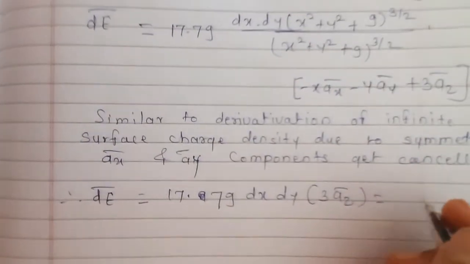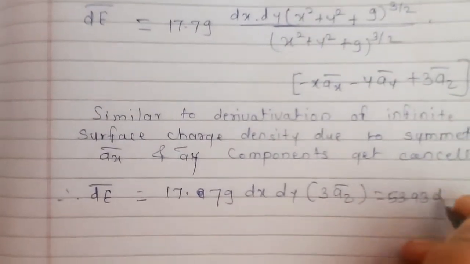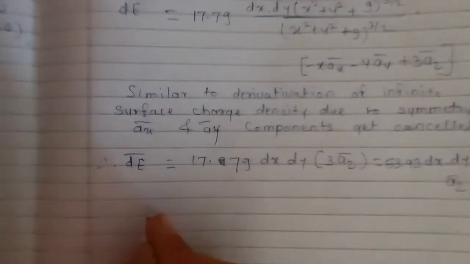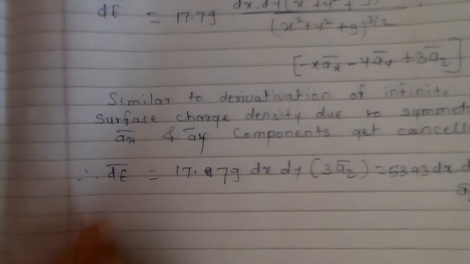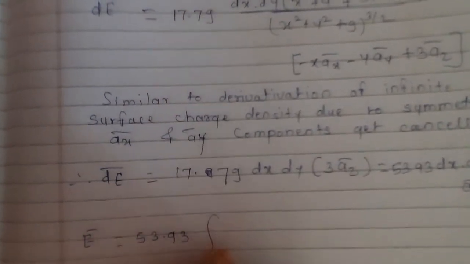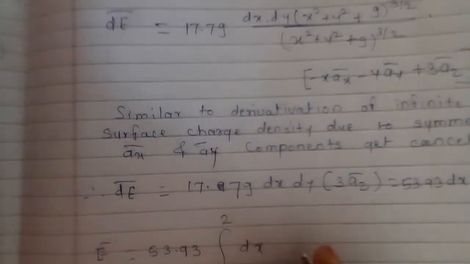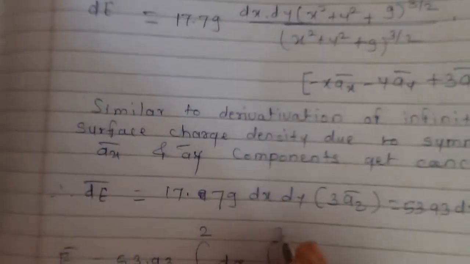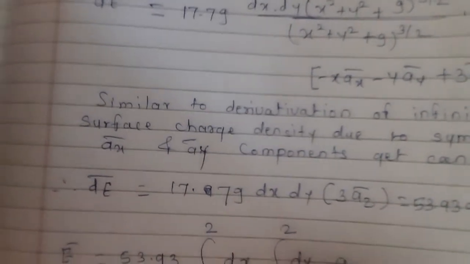So by solving it, it is 53 dx dy az bar. Now we have to calculate E bar. So we integrate the above equation and we get E bar is equal to 53.93 integration for dx value goes from -2 to +2, for dy value goes from -2 to +2, dy az bar.